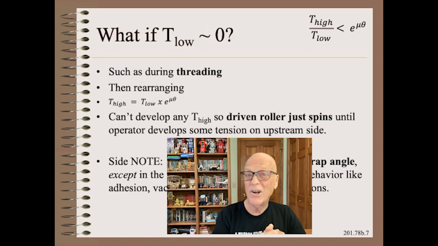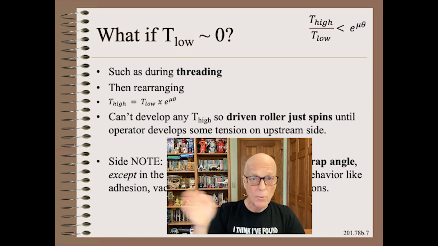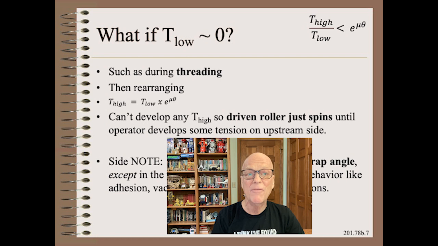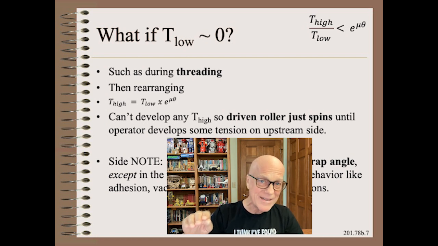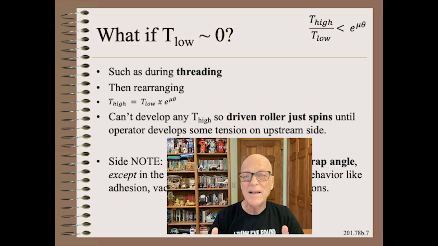The band brake equation also tells us something quite interesting for the case where tension is quite low on one side of the roller, such as during threading. We will rearrange the formula to solve for the high tension. If T low is near zero, T high will also be near zero. Thus, in practice, the drive roller just spins.